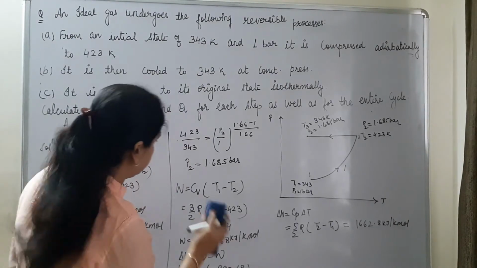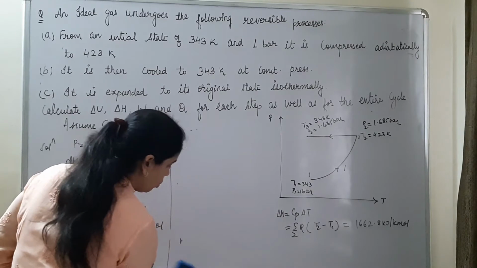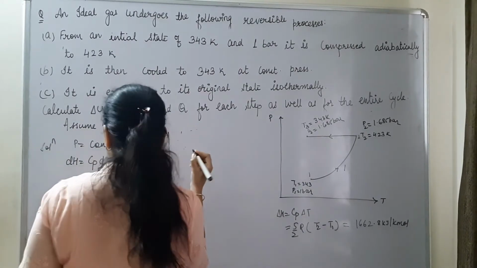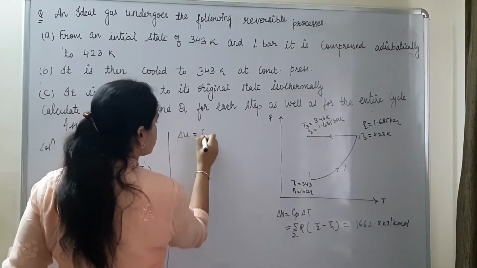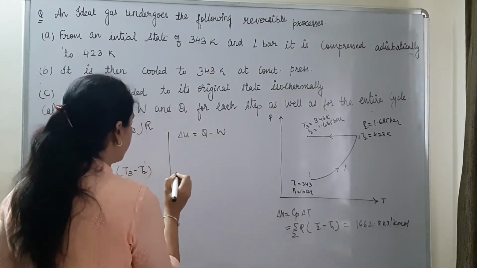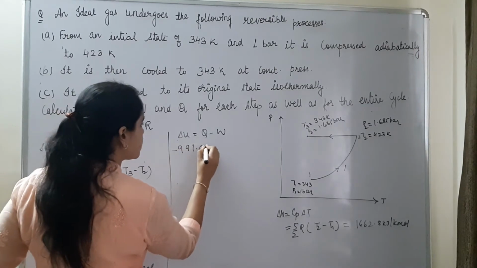Now we can find W. From the first law of thermodynamics, delta U is equal to Q minus W, right? So delta U is minus 997.68.